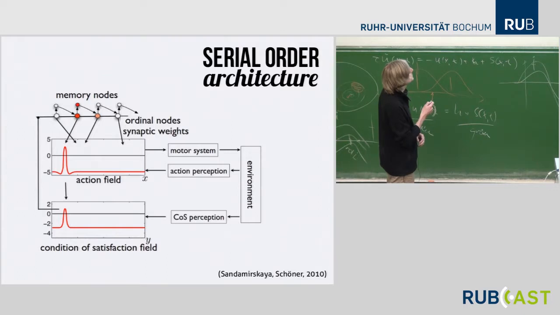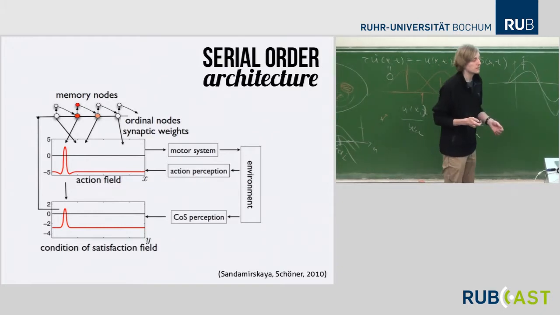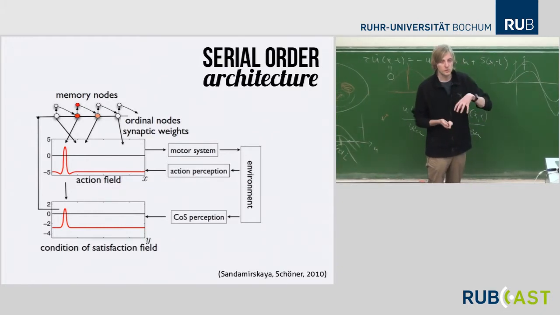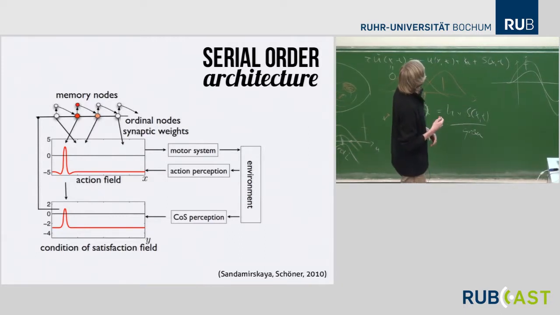So this is a representation of what the robot is supposed to do over some dimension here. So this is a one-dimensional field. This is activation. The dimension in her case was a color. So it was a robot that was driving around in an environment looking for different colored objects in a specific sequence. You could actually learn those.